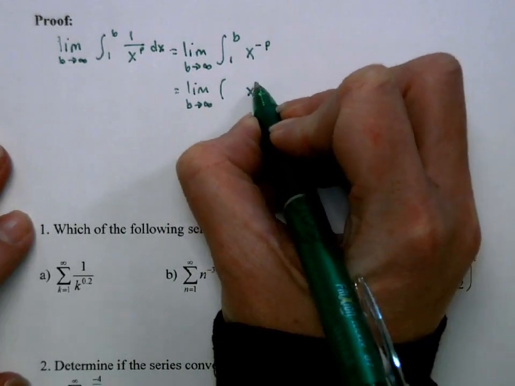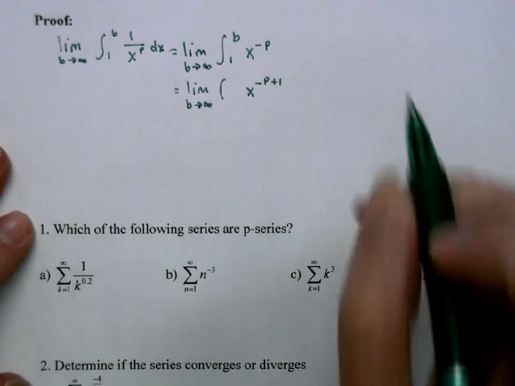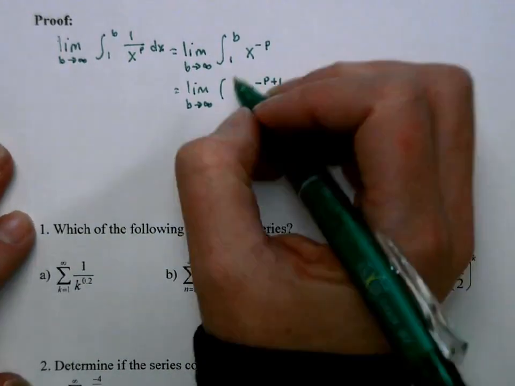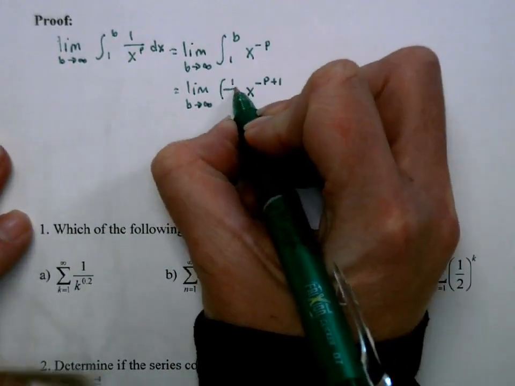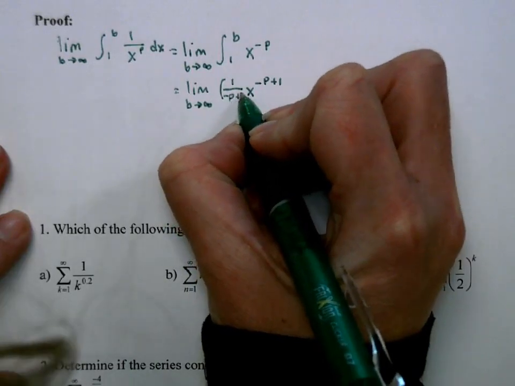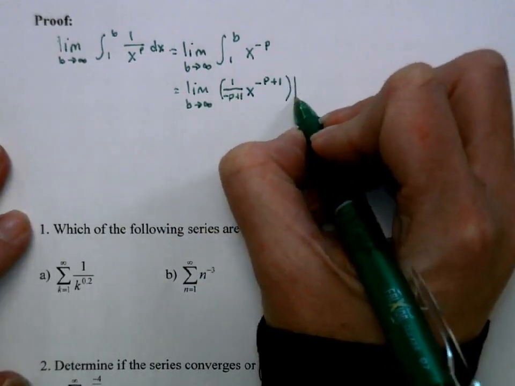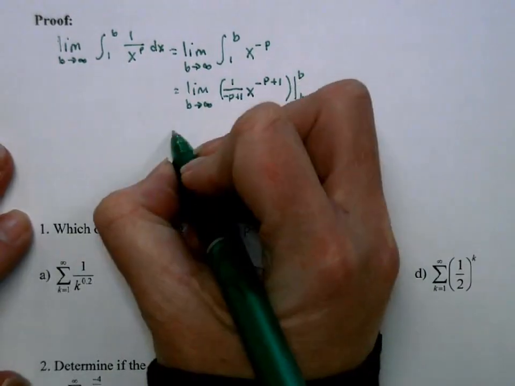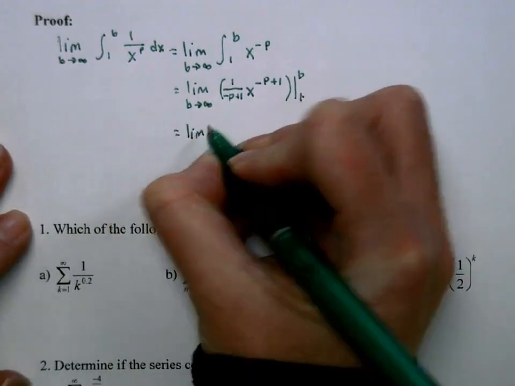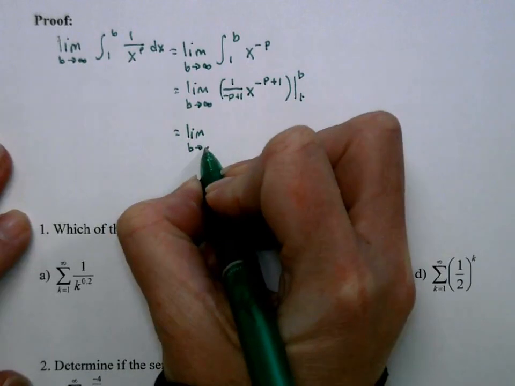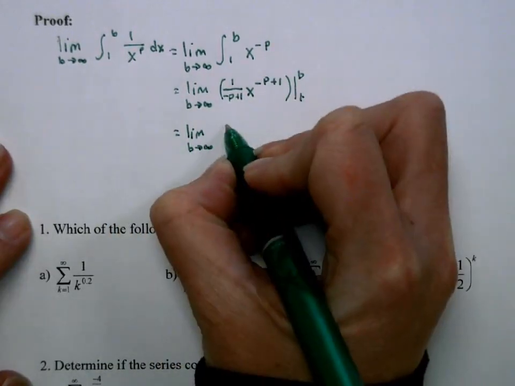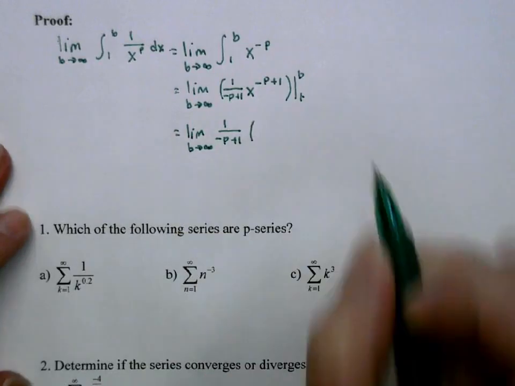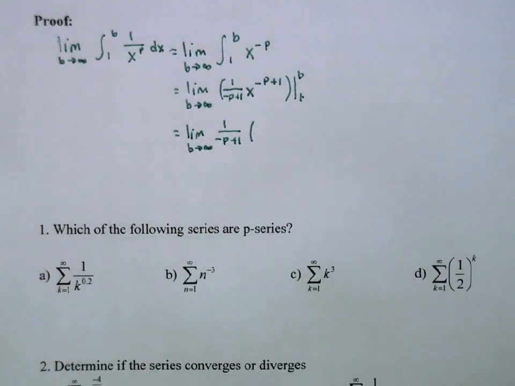Okay, so go ahead and add 1 to that power, whatever the value of p is. My power is now 1 bigger than that, but because of our power rule, we also need to divide by that value. I'm going to pull out the 1 over p minus 1 because that's just a constant.